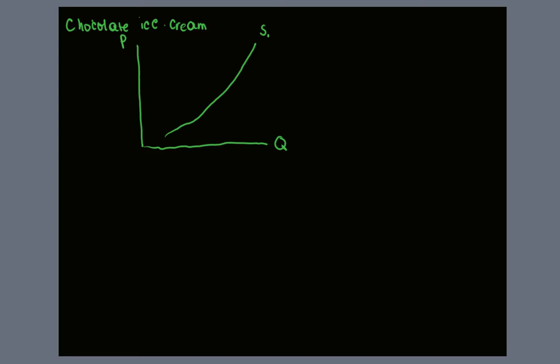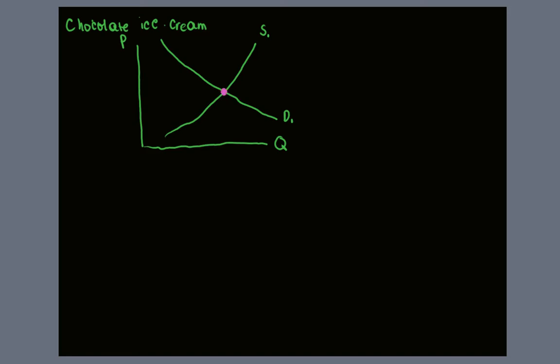And then we have a demand curve that decreases from left to right, reflecting our law of demand. So here in this market we have an equilibrium point where quantity supplied equals quantity demanded, where supply equals demand, and that's at this intersection point right here.